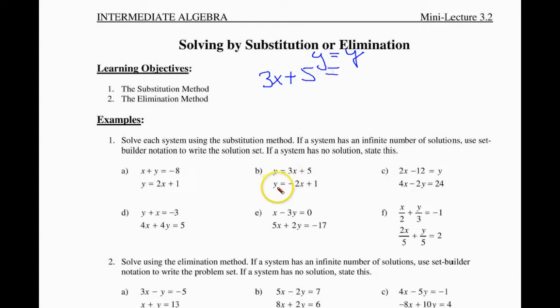And our second y is a negative 2x plus 1. So y equals y, and now we solve for x. Transpose that, 5x. Transpose that, and we get a negative 4.